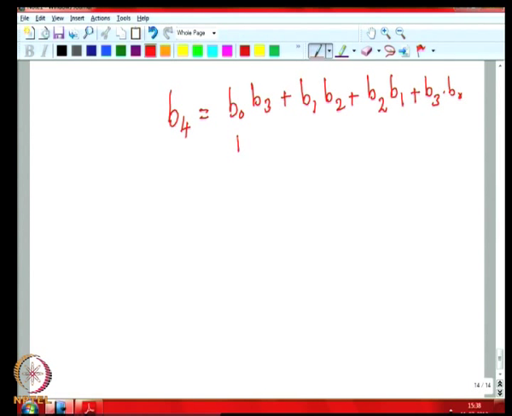But B0 is 1, B3 is 5, B1 is 1 and B2 is 2, right. So this is 5 plus 2 into 1 plus 2 into 1 plus 5 into 1. How much is this? We get 5 plus 5 is 10, plus 4 is 14. Like that we can calculate B5, B6, right.